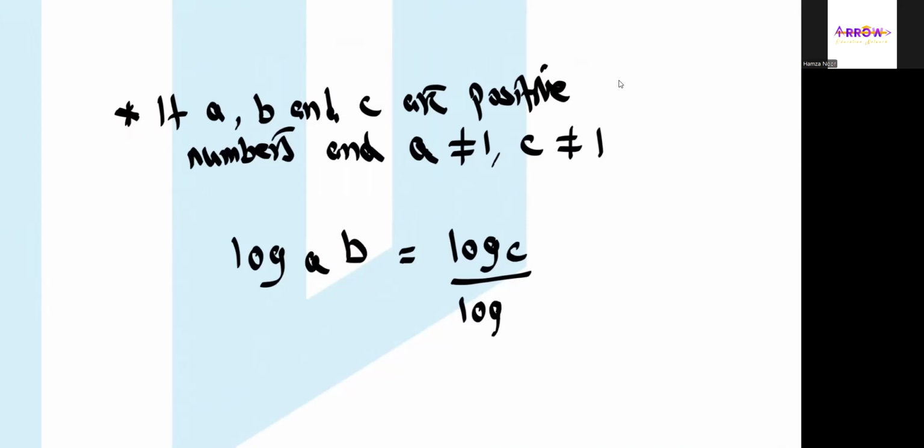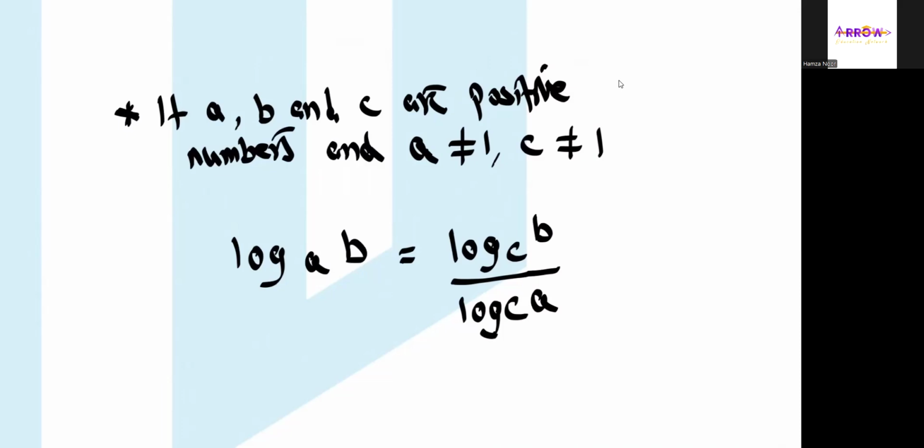In the numerator the argument will be b, and in the denominator the argument will be a. This is the change of base law, and it is given to you in the formula booklet as well.